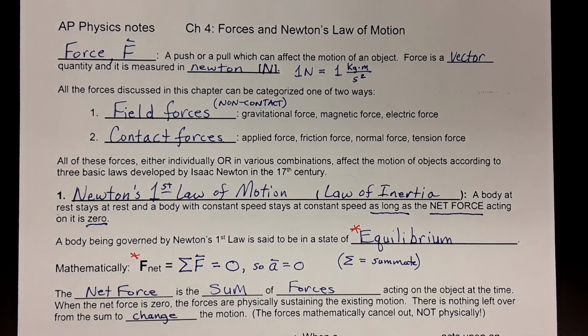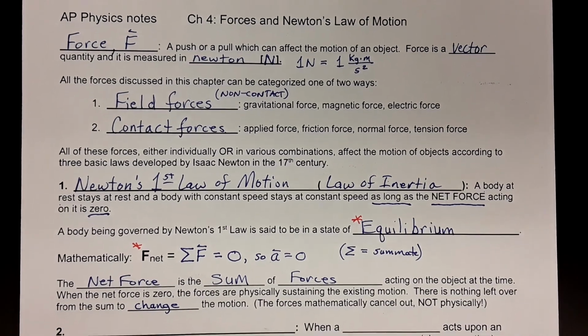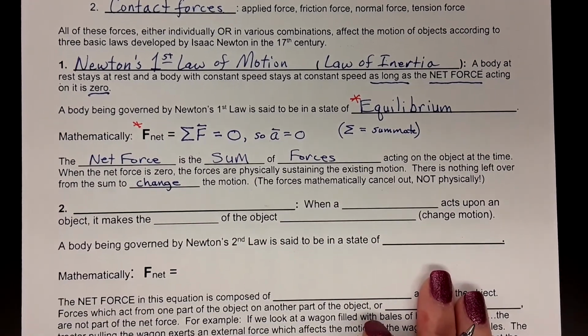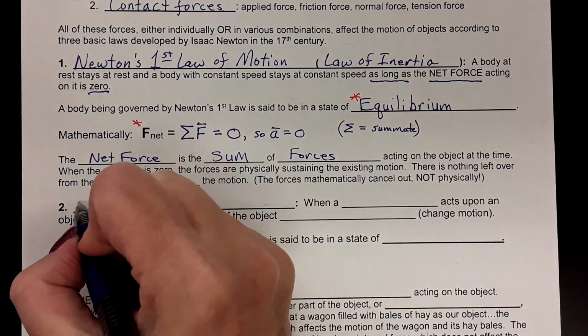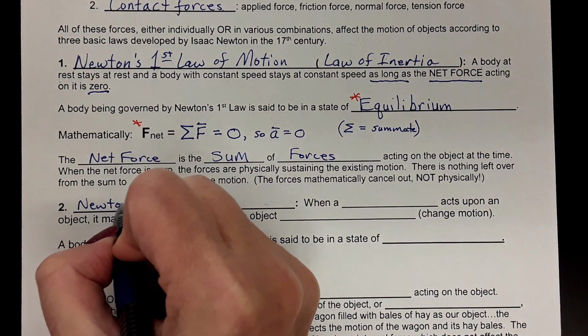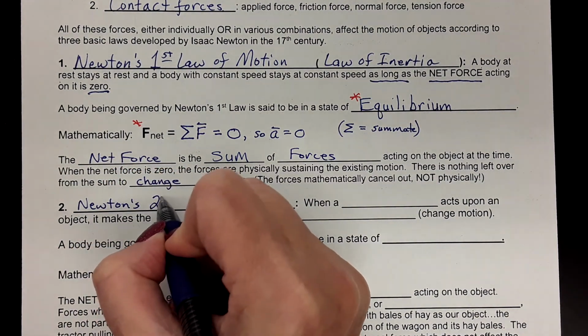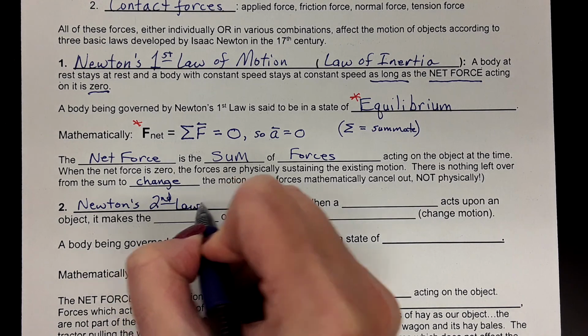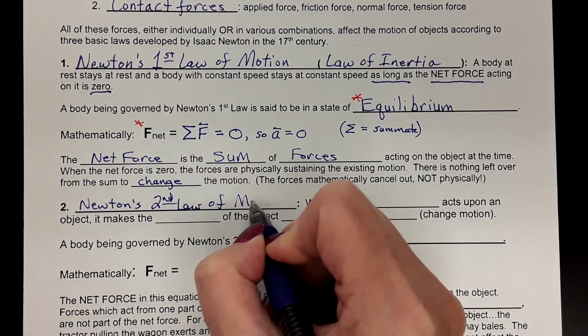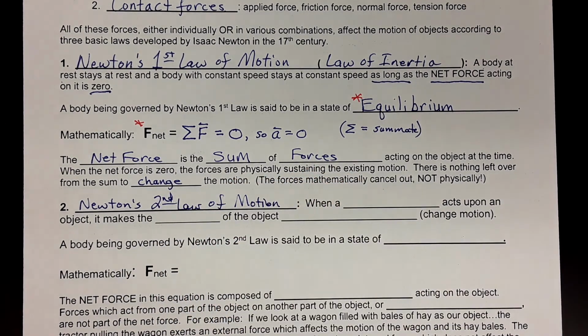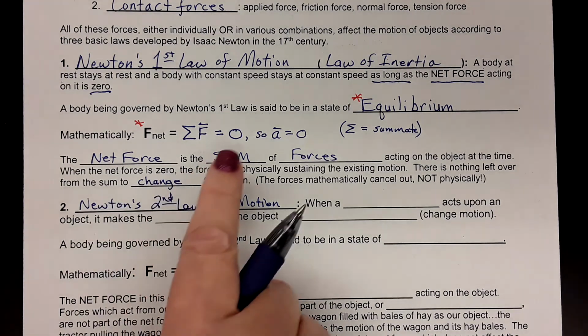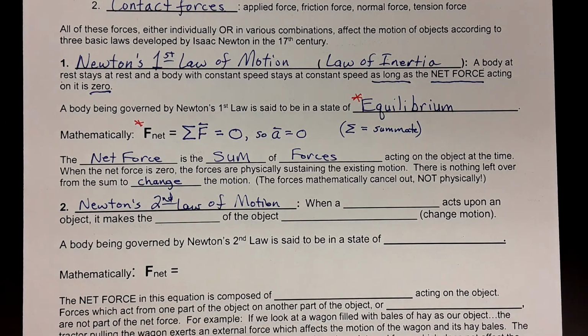All right. Now, let's talk about Newton's second law of motion for just a minute. Newton's second law of motion. All right? Now, Newton's second law of motion is what happens when the net force isn't zero.